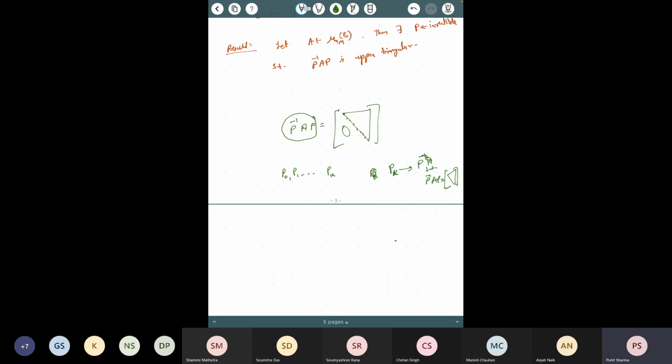Not easy means it's a very sensitive process, because let's say we know that all eigenvalues of an invertible matrix are non-zero. Non-zero means even if it is close to zero, that means of small magnitude, let's say 10 to the power minus 16, then in theory it is non-zero, but in practice it is considered as zero, very close to zero.